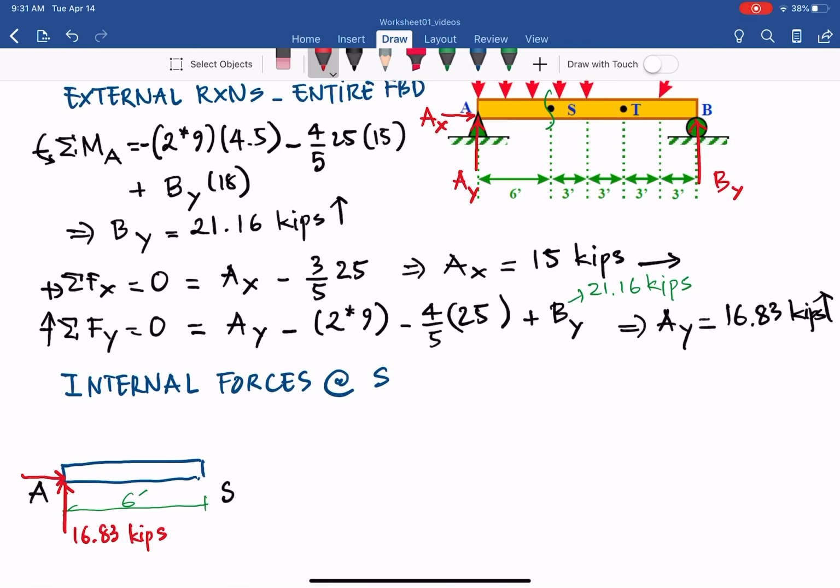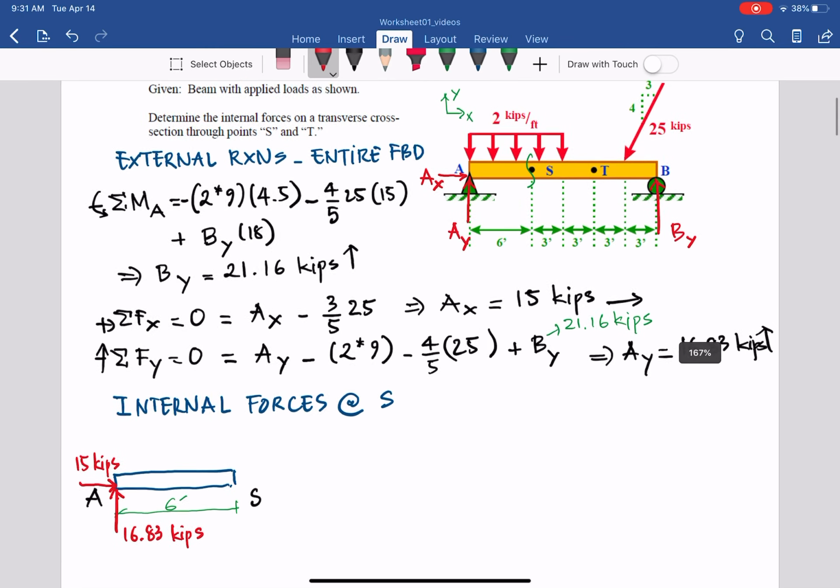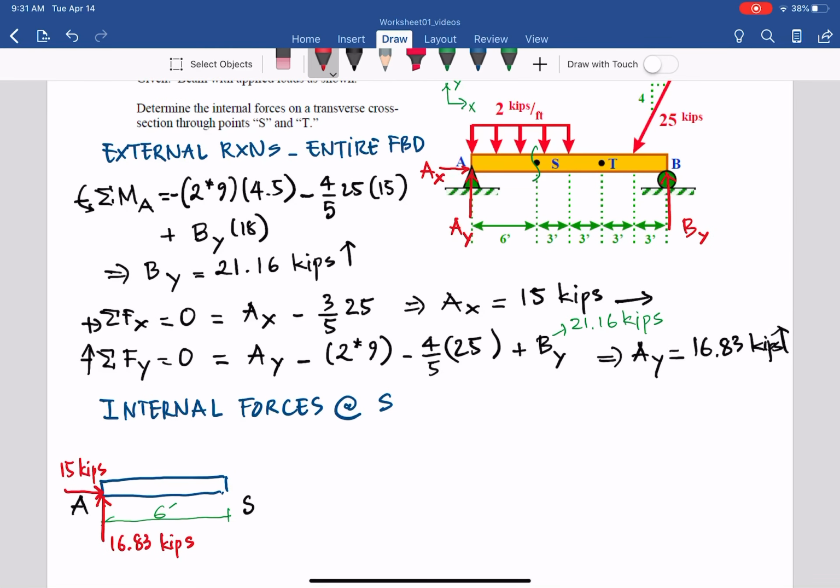AX, we have 15 kips, and then the distributed load after the cut is 2 kips per foot for 6 feet.